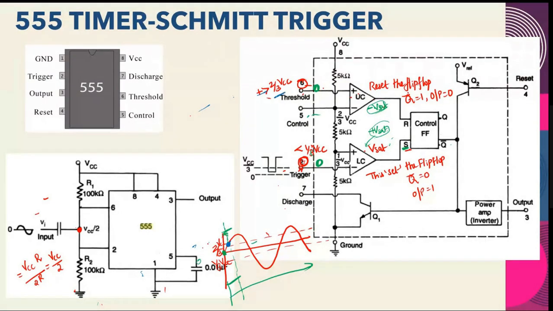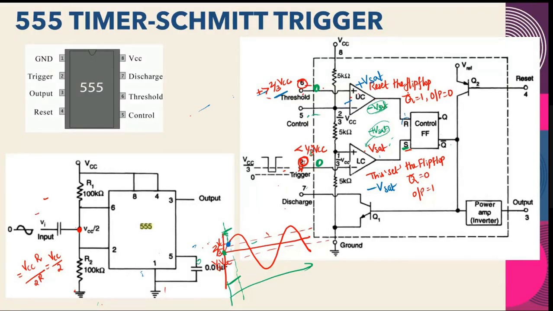When it becomes greater than 2 by 3 VCC, this will become minus Vsat and here it will become plus Vsat. So it will become plus Vsat.